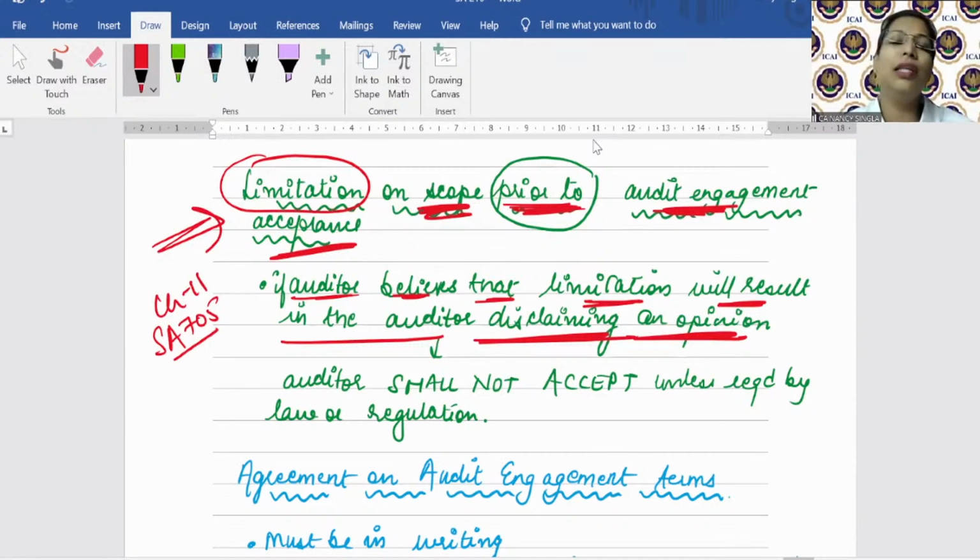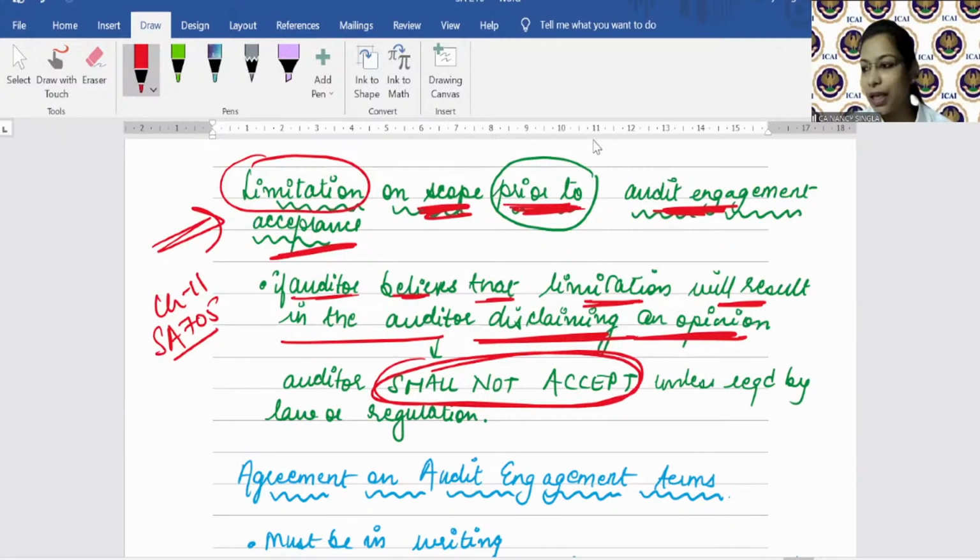Disclaim कर दी कि मैं opinion ही नहीं दे सकता, I cannot give an opinion, क्योंकि मेरे को audit evidence मिला ही नहीं, क्योंकि मेरे को audit procedure verification of inventory के लिए करने ही नहीं दिए। तो अगर ऐसा कुछ हो जाएगा इस limitation की वजह से, so auditor shall not accept, auditor shall not accept, सिंपल है। तो ये बहुत लोगों का doubt आ रहा था कि मैम अगर कुछ limitation imposed हो तो क्या accept करना है? मत करो ना accept, कोई जबरदस्ती थोड़ी ना है। Before accepting the audit engagement, you became aware that limitation have been imposed by the management or those charged with governance, auditor shall not accept.